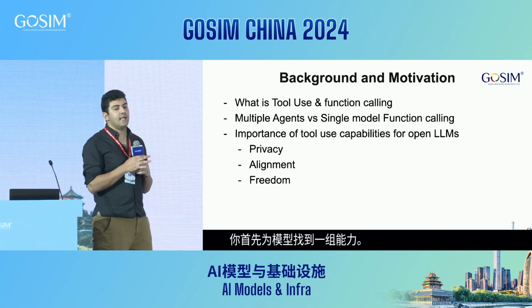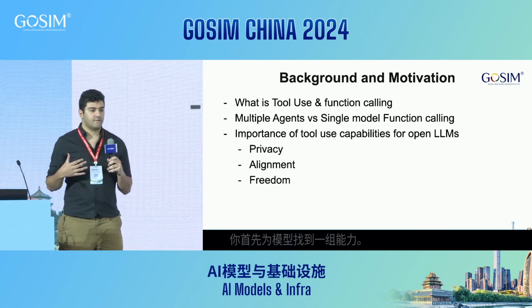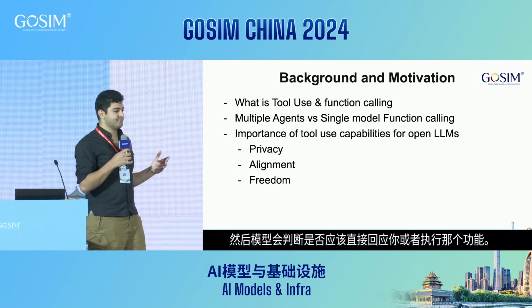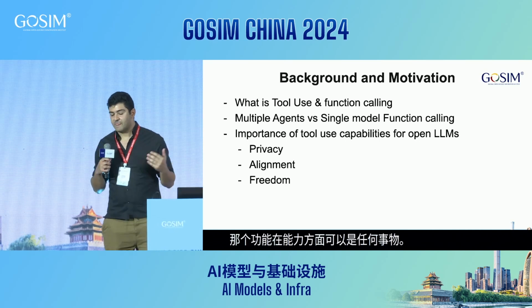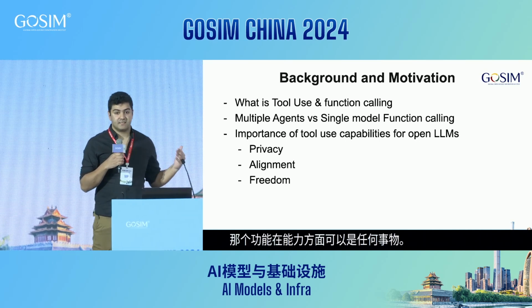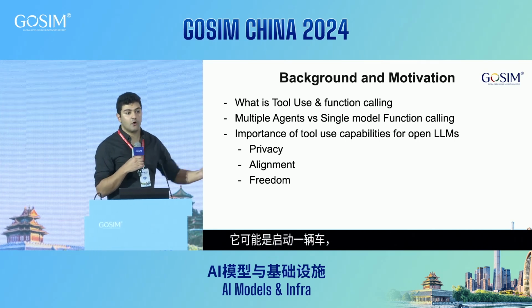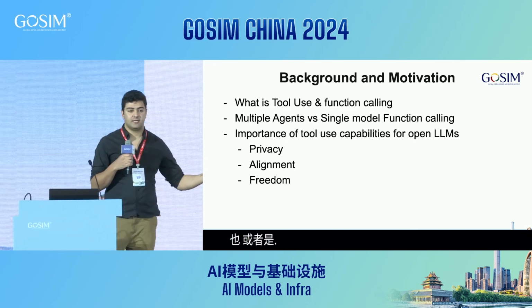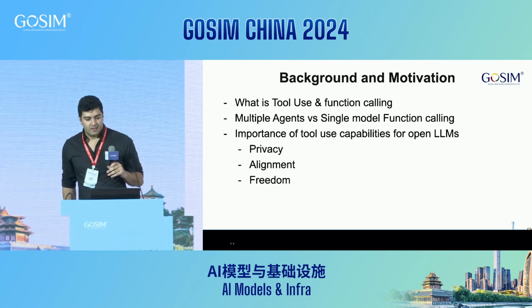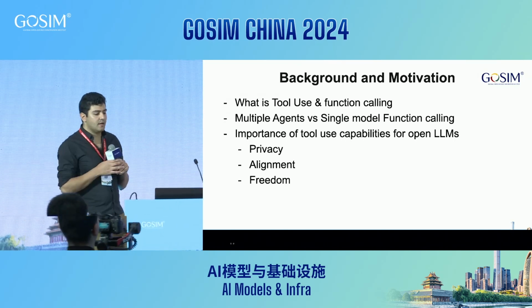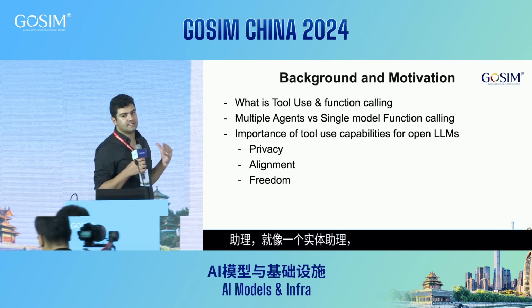That function can be anything in terms of capabilities. It could be starting a car, or if it's a physical assistant, a physical robot, it could be that robot bringing you coffee or tea.